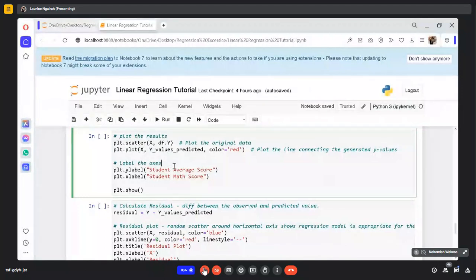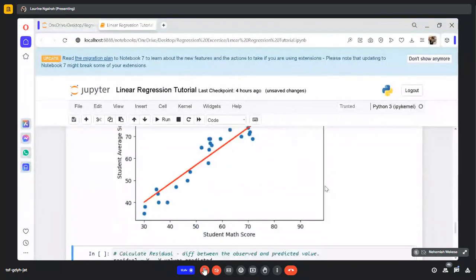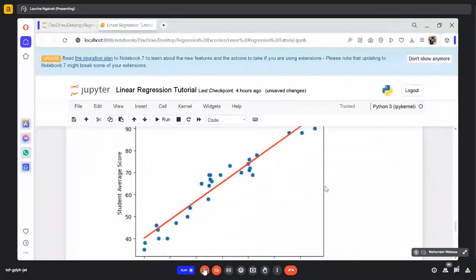We are plotting a scatter with our X, which we had changed into a 2D, and our Y. Then we are plotting our line using the predicted Y values that we got, and we want the line to be red. And then we are just labeling our graph. So this is how it looks. Any questions up to here?